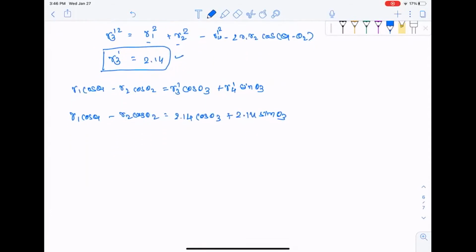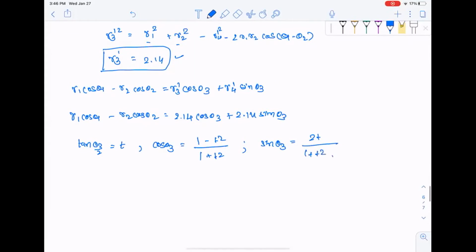Now I'm going to convert it into the half angle formula, and that will be tan theta 3 by 2 equal to t. Now if I write it for cos theta 3, it will be 1 minus t square by 1 plus t square, and sine theta 3 will be 2t upon 1 plus t square.